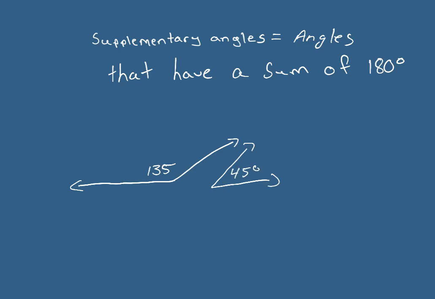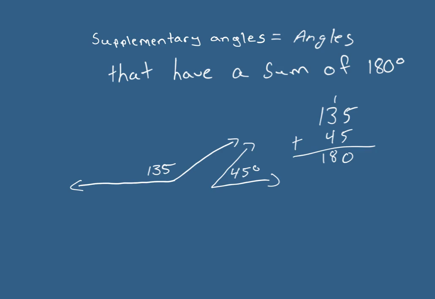To test to see if these are supplementary, all you need to do is do 135 plus 45. 5 plus 5 gives me 10. That's 8. That's 1. When you see that they're 180, you know that they're supplementary.